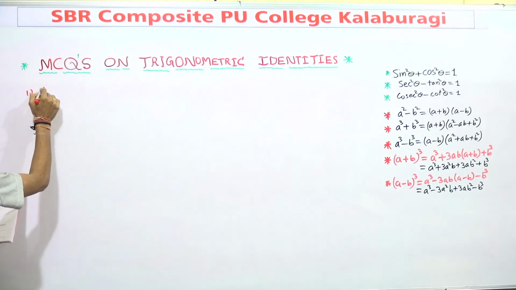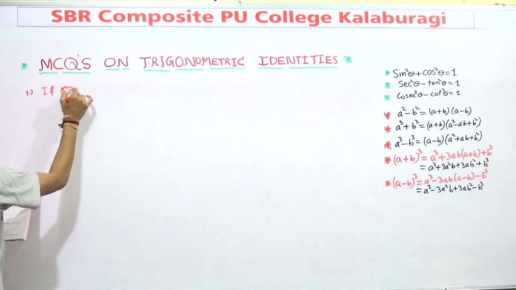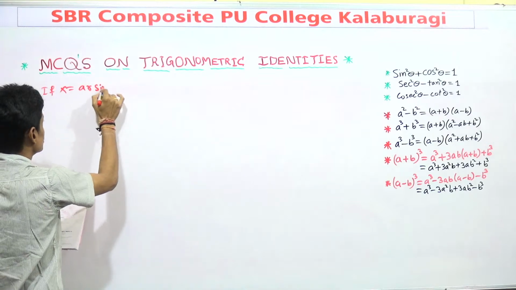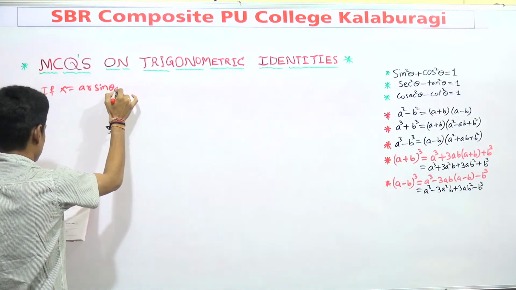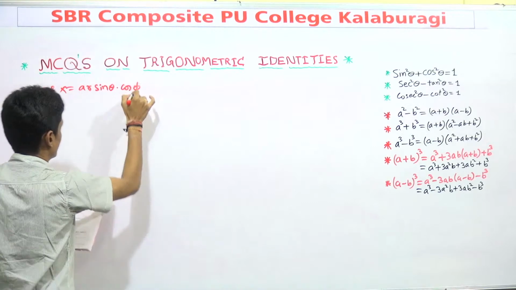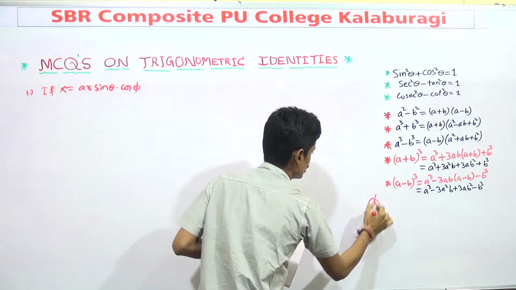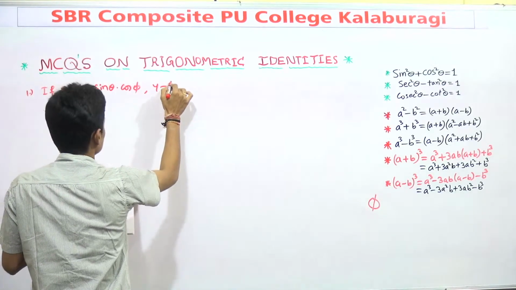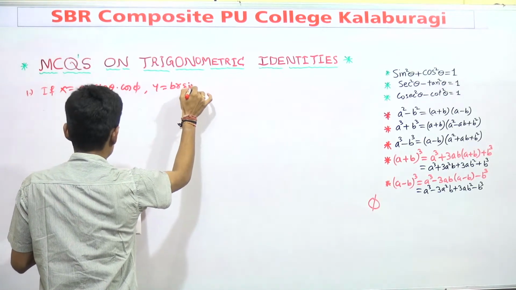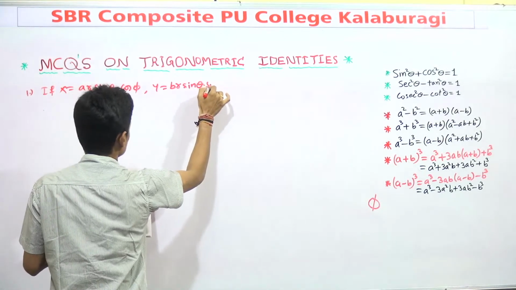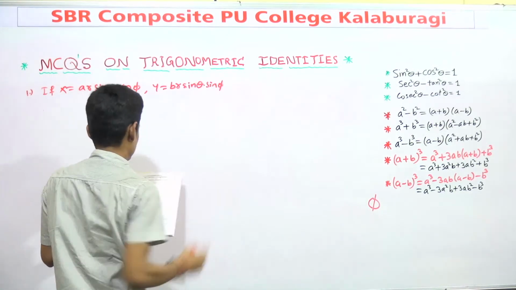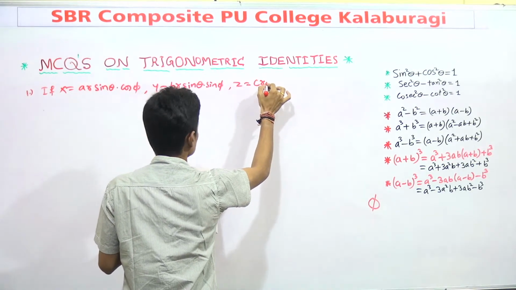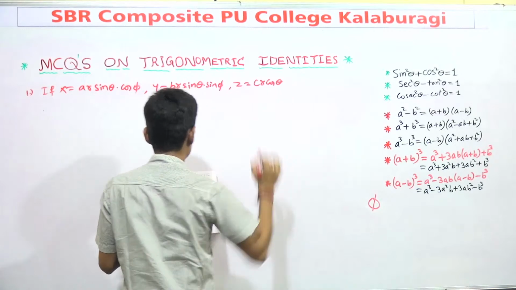The first question is, if x is equal to R sine theta cos phi. One more variable I am choosing, that is phi. Comma y is equal to R sine theta into sine phi, comma z is equal to R cos theta.